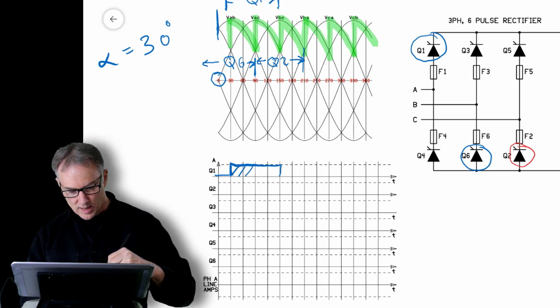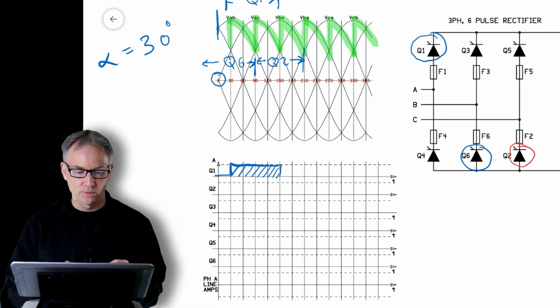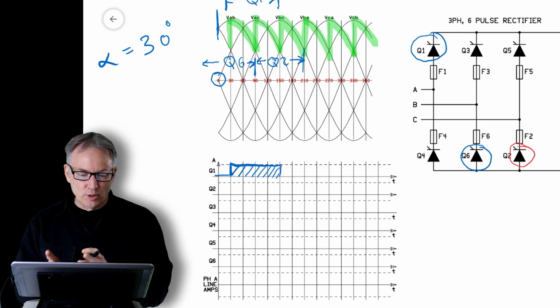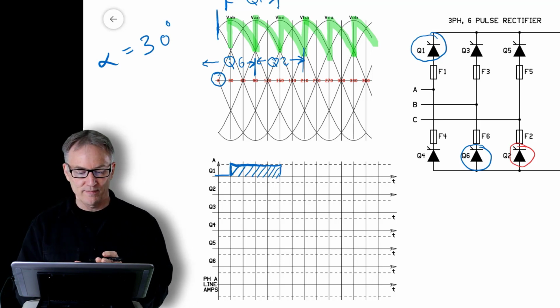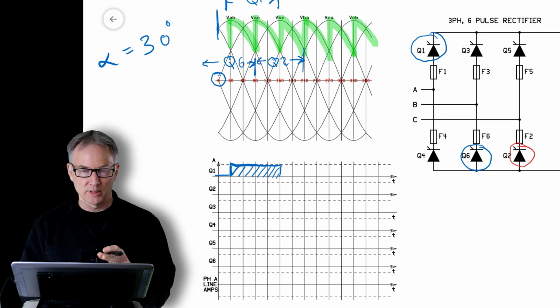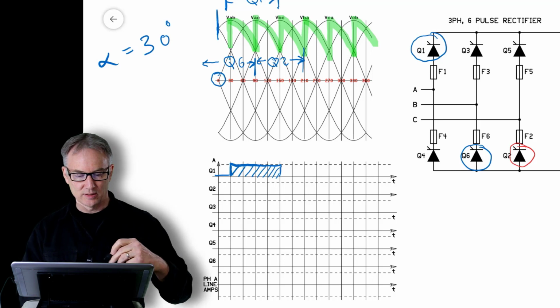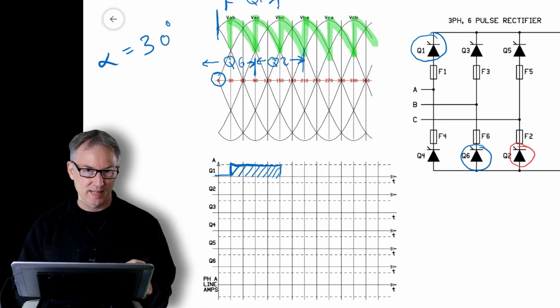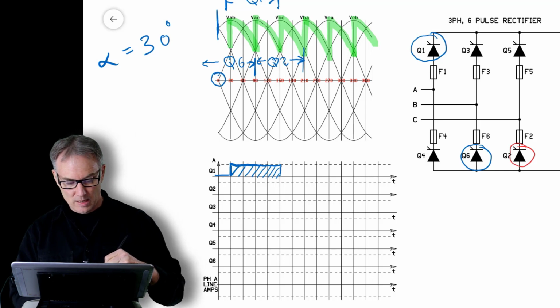So SCR Q1 is conducting in there. And you may get a test question like this. So the thing is, you look for wherever the first letter is on the waveform. Once you've got the timing in place, the first letter tells you which device is conducting in the positive half cycle. The second letter tells you which device is conducting in the negative half cycle.